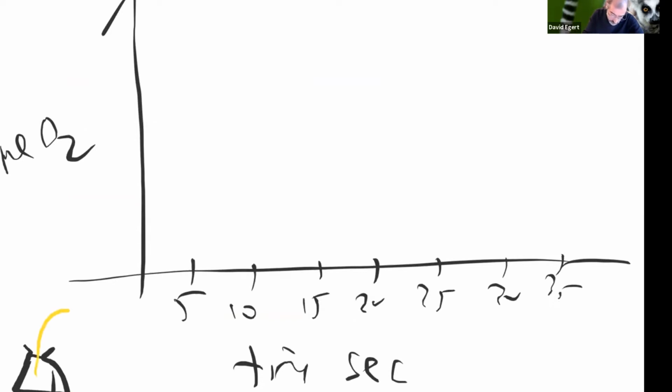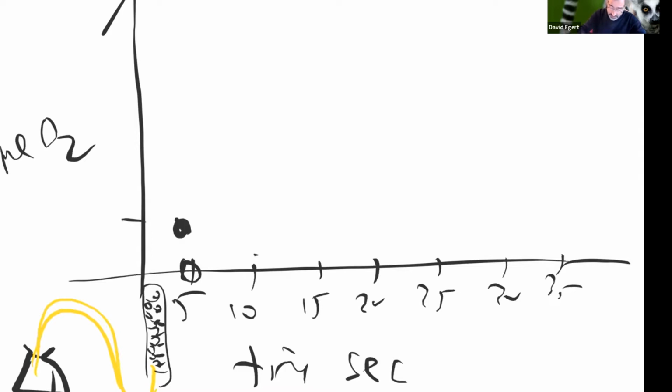Then you're going to have a tube coming out, and that tube is going to go into a burette, and you'll capture the little bubbles coming up, and you'll be able to see how many bubbles have been formed. And you can check at 5 seconds how much oxygen has been made. At 10 seconds, how much oxygen's been made. At 15 seconds, at 20 seconds, at 25 seconds.